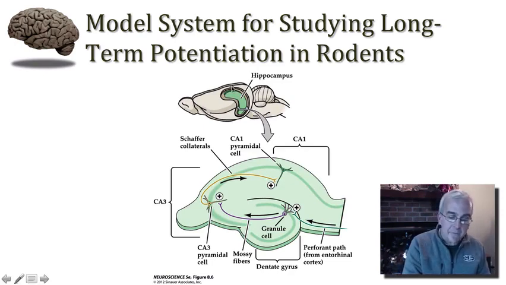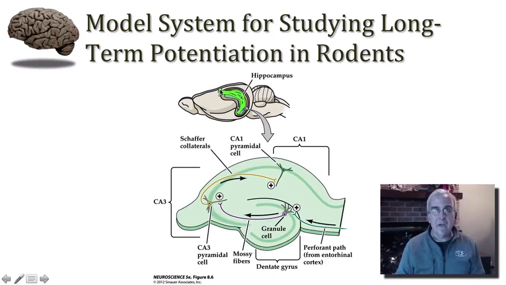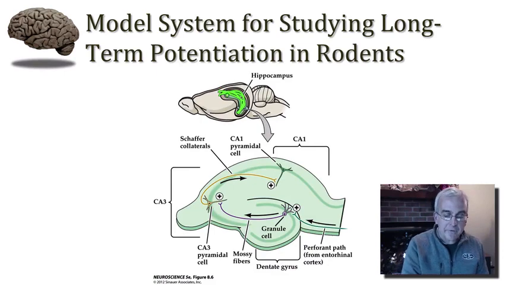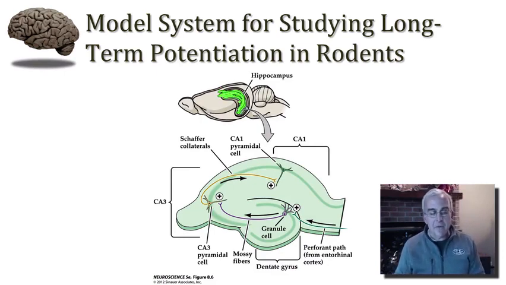So the hippocampus in the rodent is in the posterior part of the forebrain. It is something of a C-shaped structure with part of it in the dorsal aspect of the forebrain and the rest of it wrapped around the medial margin of the lateral ventricle as it extends in the posterior part of the forebrain.